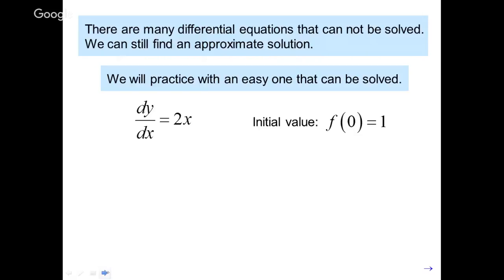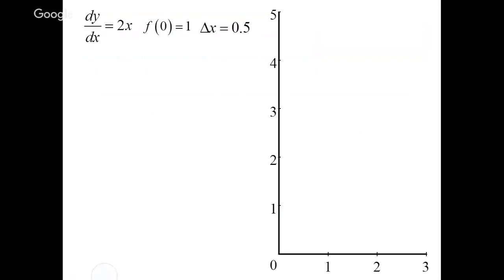So here we go. The initial value is 0, 1, and the derivative is 2x. So what's my initial point? 0, 1, and let's say we make delta x, the change in x, 0.5. I usually set up a table where this is the number of iterations, and this is our original point, so that's 0.